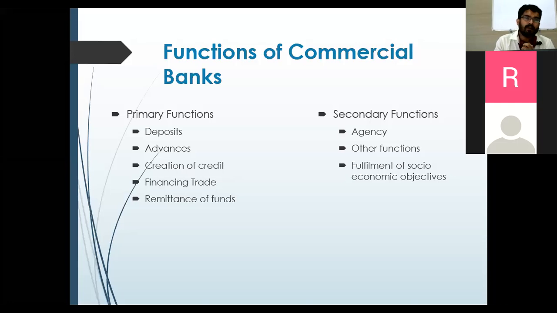The merchant bankers or the investment bankers, we call them fund managers, will use your money and invest it into the stock market on behalf of you. So that is called an agency function again. They act as a middleman, that is an agent, for which they charge commission or brokerage or fees for their services. So these are called agency functions.